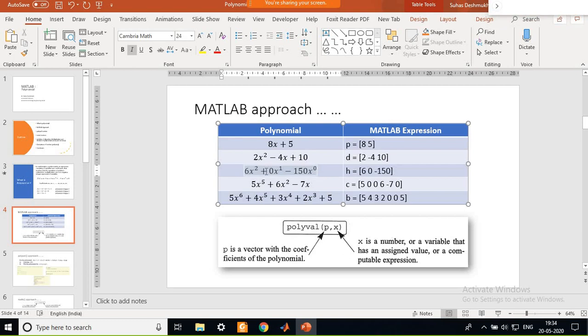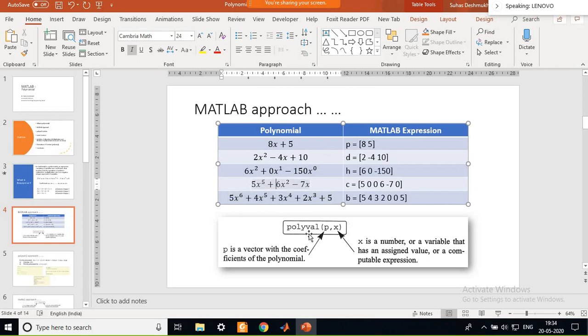This is the way we can define any higher order polynomial. It is not restricted in terms of the size of the polynomial. You can define an nth order polynomial, maybe 10th order, 20th order, any higher order polynomial. Similarly, you can look at how to define this too. The same concept applies here.